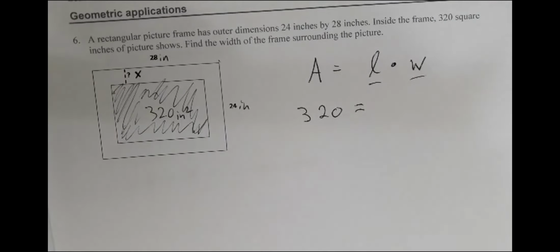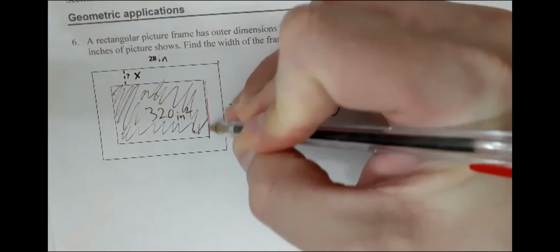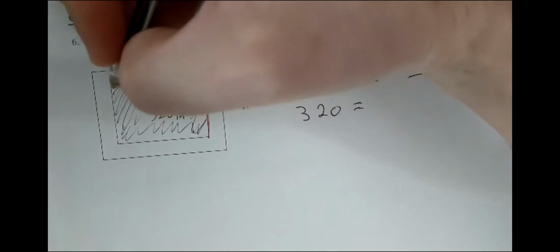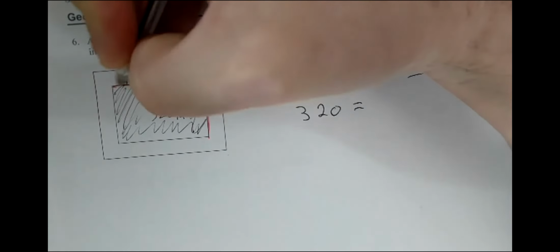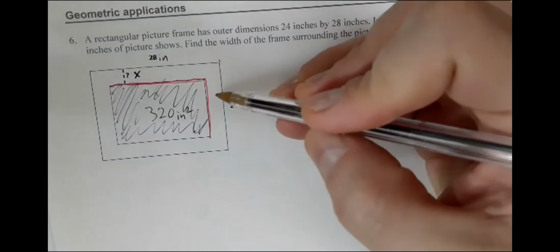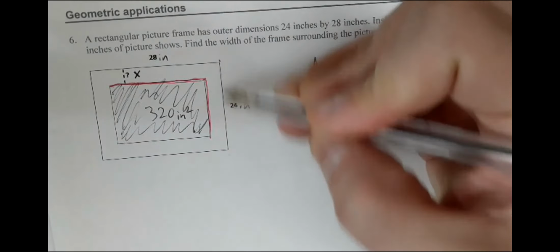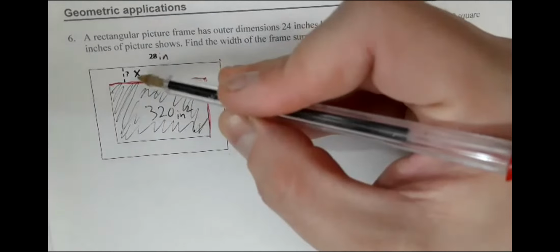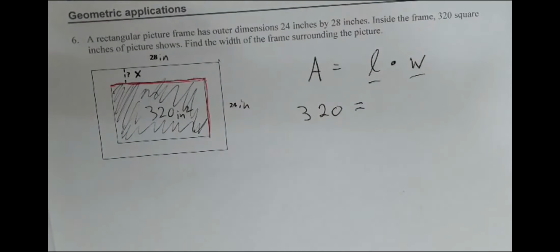So what I'm talking about is this inner length and this inner width. I know this entire thing is 24, but it also has a width of the frame right here. So I'm going to let that be x.